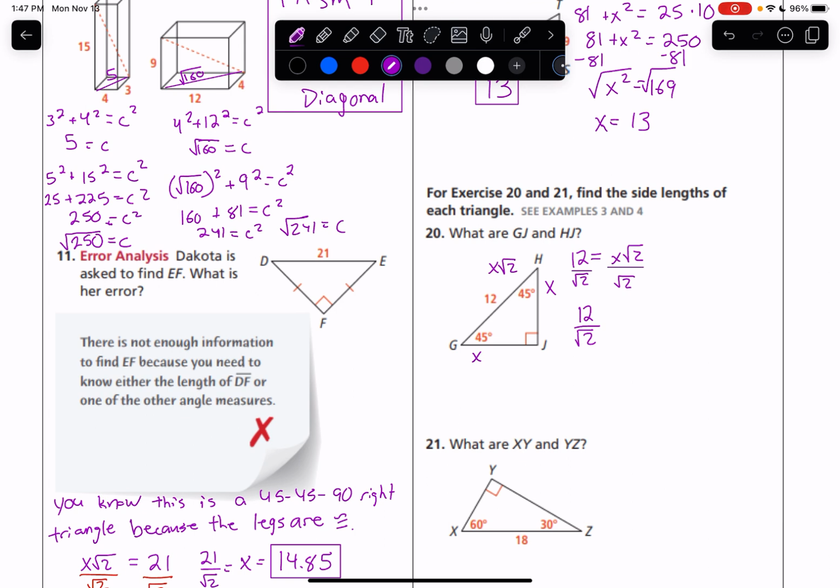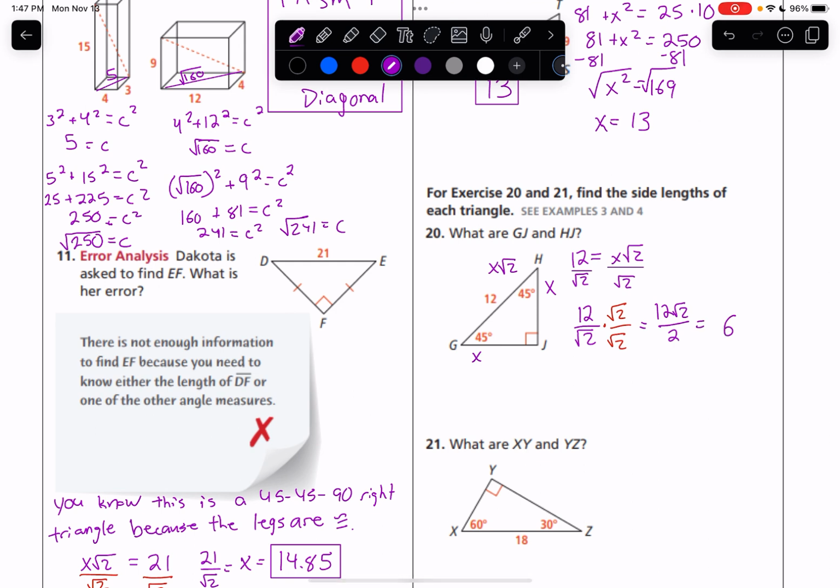Now, I can't use 12 over the square root of 2 because it has a radical in the denominator. So I need to rationalize this fraction by multiplying by root 2 over root 2. And when I do that, that's going to give me 12 root 2 over 2. And 12 root 2 over 2 reduces because 12 over 2 reduces.